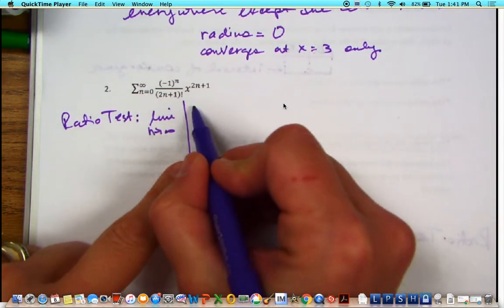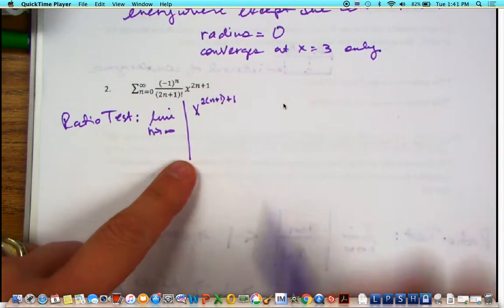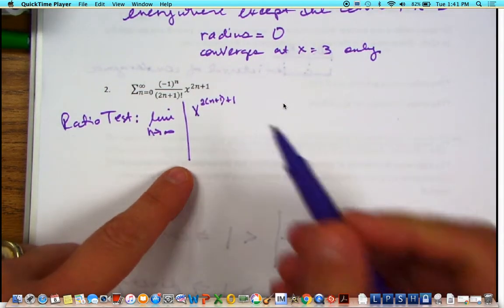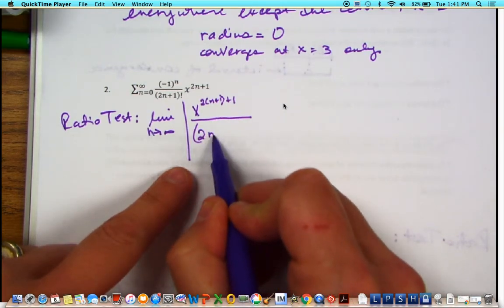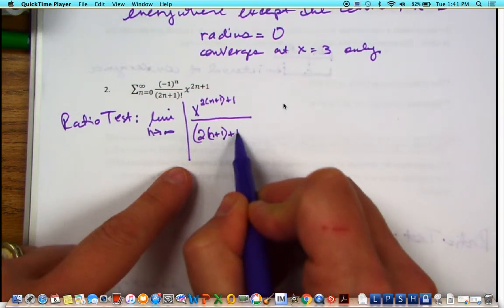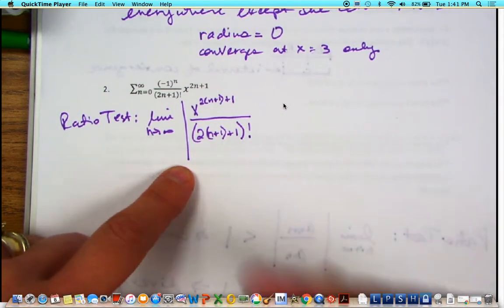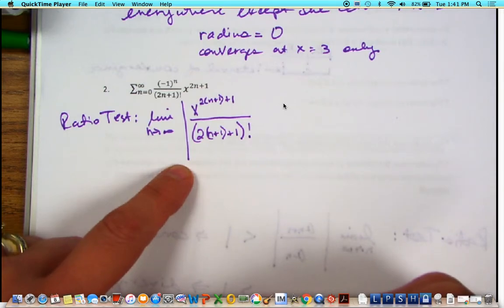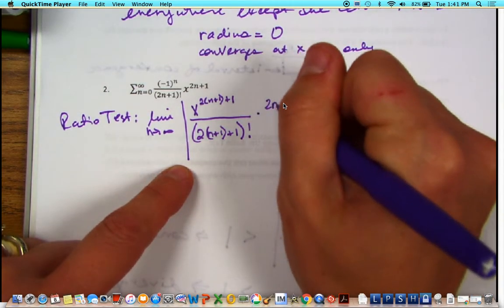Okay, so I'm supposed to insert an n plus 1 everywhere there's an n, right? And I'm supposed to divide that by the original, which would be the same thing as multiplying by the reciprocal.